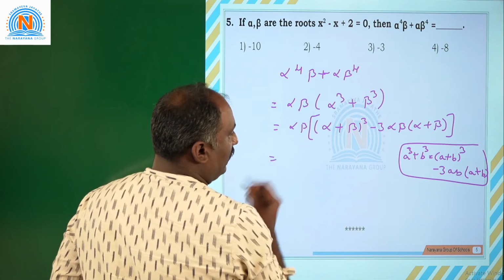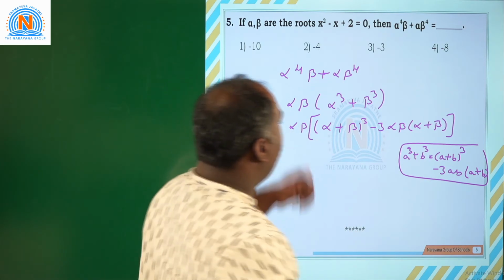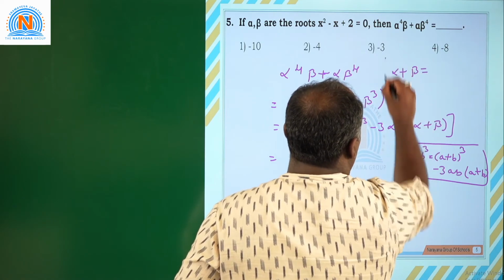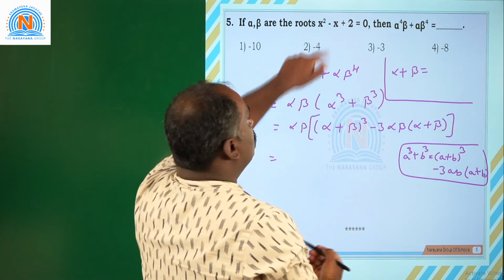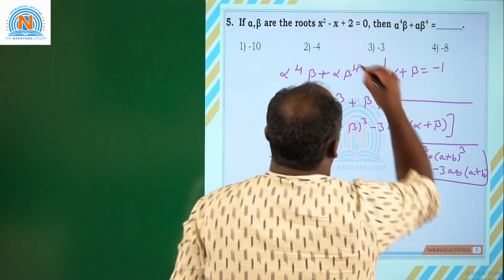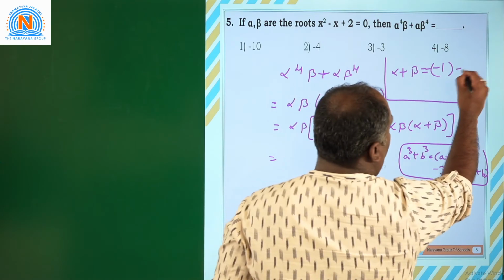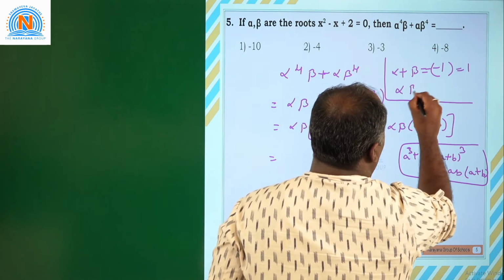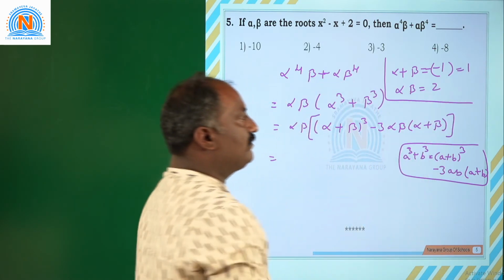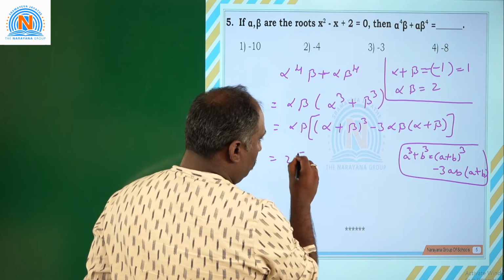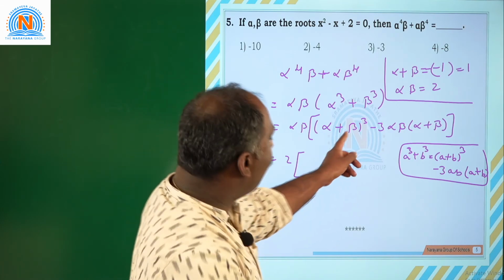So what is the sum of roots? Sum of roots is minus b by a, that is minus of minus 1, which is 1, and alpha beta is c by a, 2 by 1, which is 2. So I can substitute: alpha beta is 2.